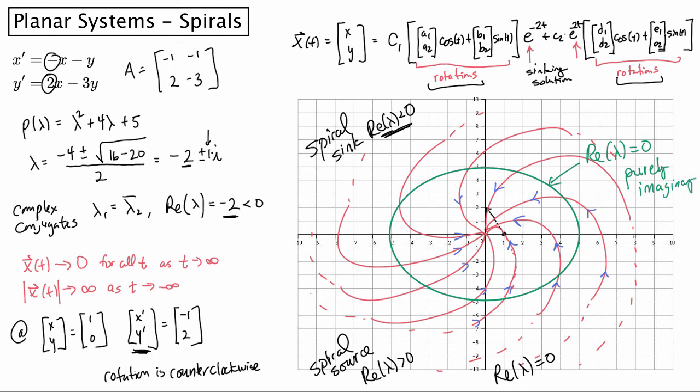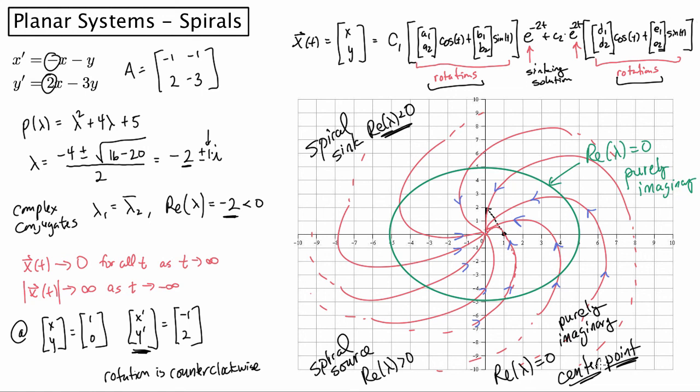If that happens, then over time you don't have these e to the negative 2t's. All you have is linear combinations of cosine and sine, and linear combinations of cosine and sine in the phase plane are either ellipses or circles. And so the behavior associated with the real part of lambda being 0, in other words, purely imaginary eigenvalues, is associated with what's called a center point behavior.